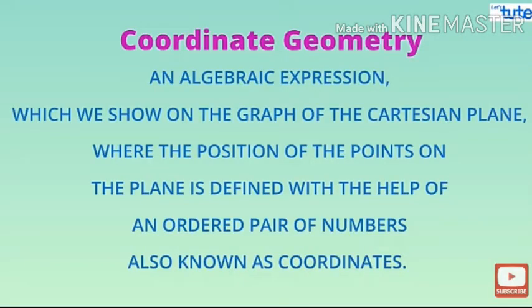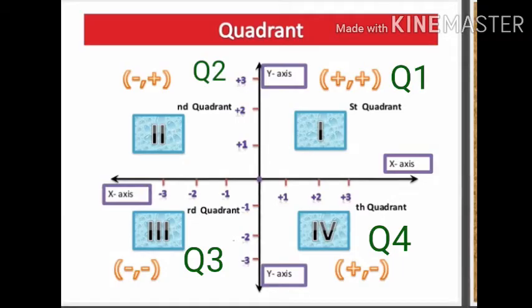An algebraic expression can be shown on the graph of the Cartesian plane, where the position of the points on the plane is defined with the help of ordered pairs of numbers, also known as coordinates. We can observe that the axes divide the plane into four parts.